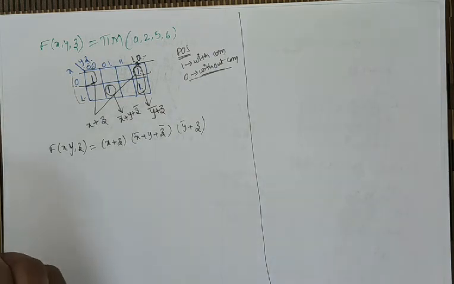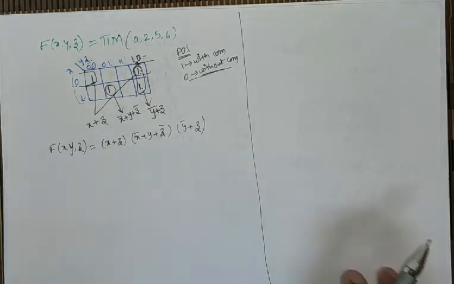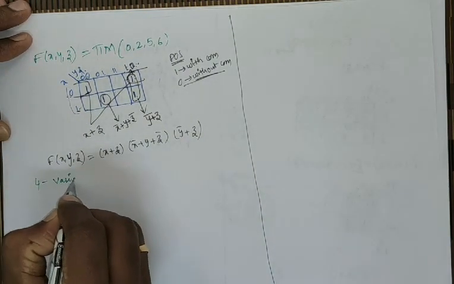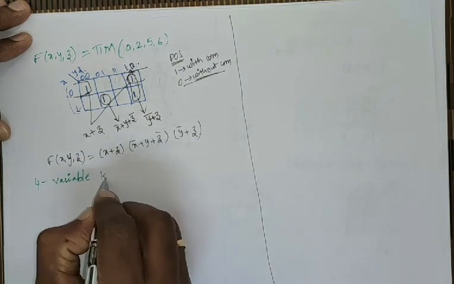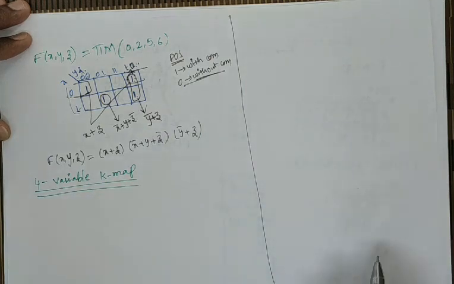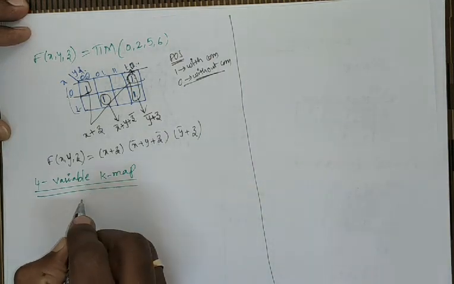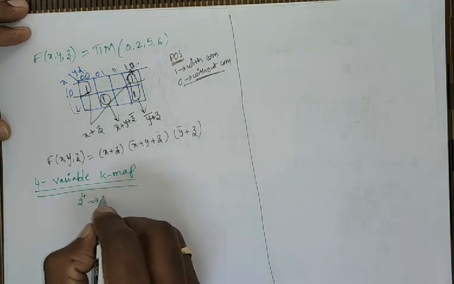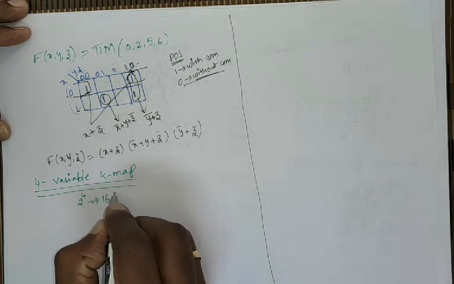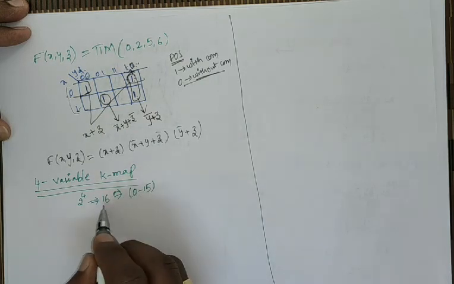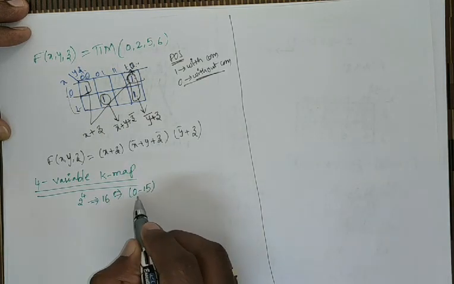Next, the 4 variable K-map. 4 variables means 2 to the power of 4 combinations, which is a total of 16 possible combinations, so the range is 0 to 15.